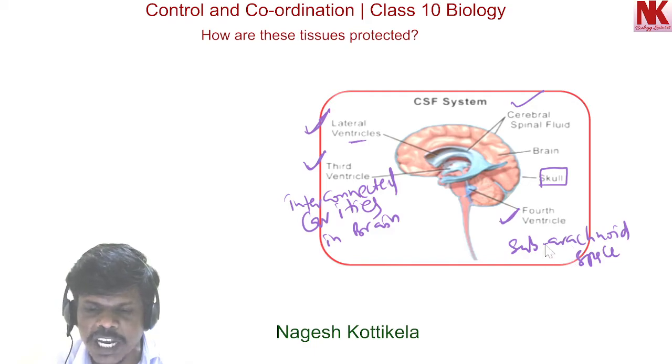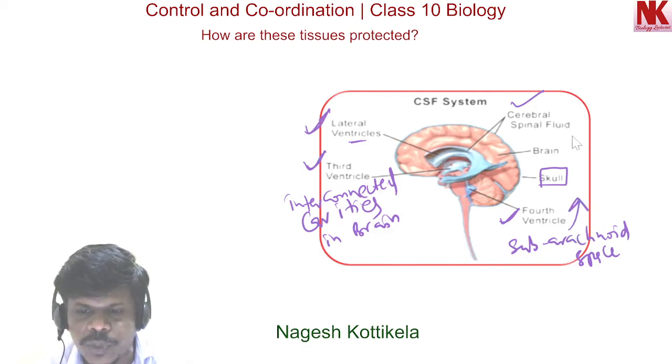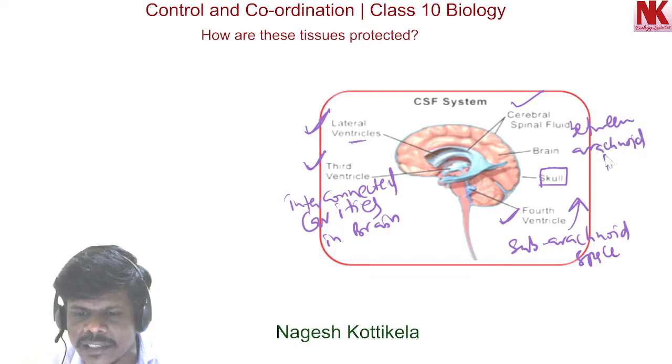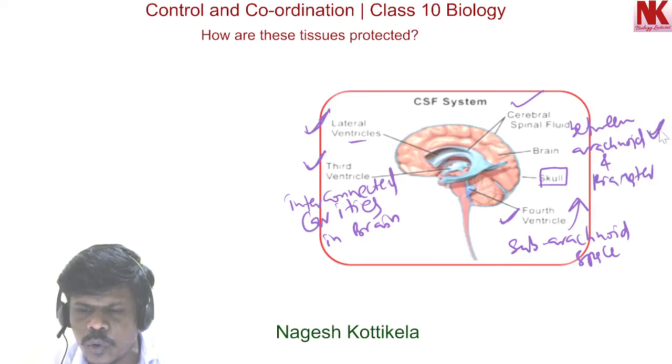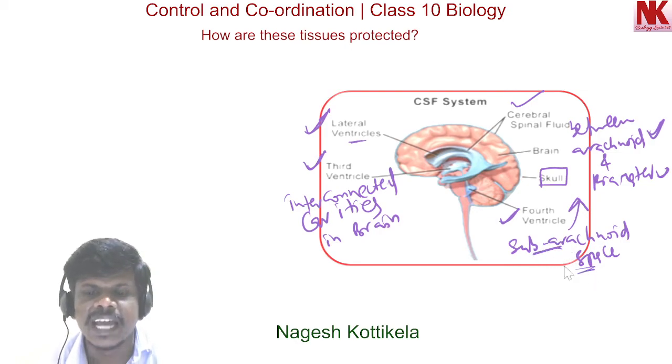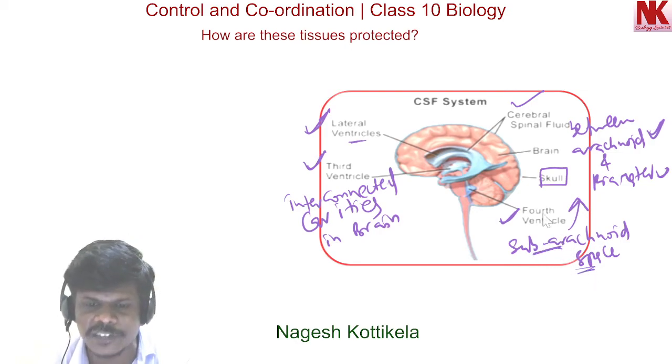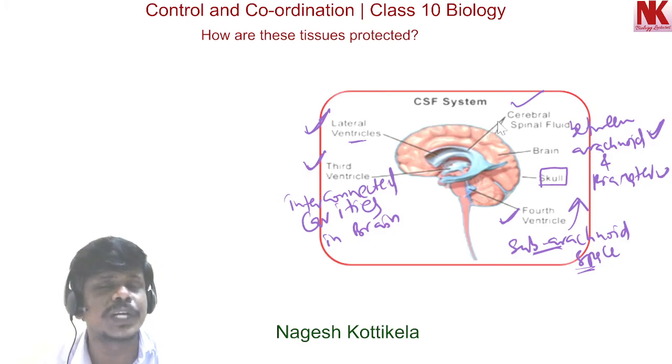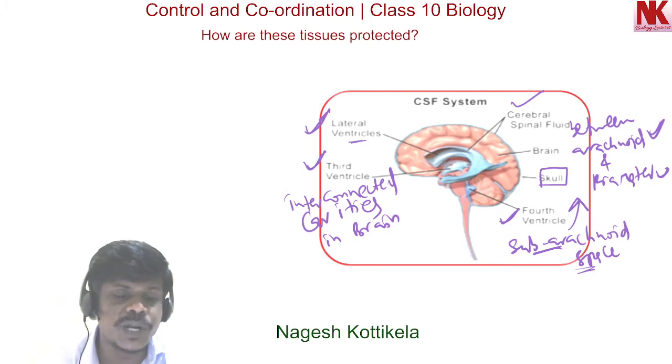The subarachnoid space is between the arachnoid and pia mater. So between these two membranes, the space is called the subarachnoid space. In this subarachnoid space and the ventricles, the cerebrospinal fluid is present. This is very, very important.